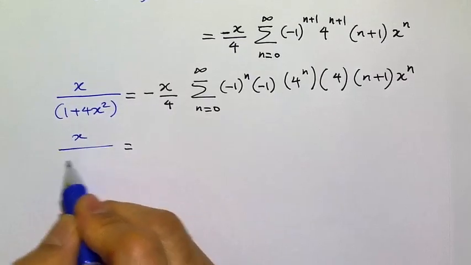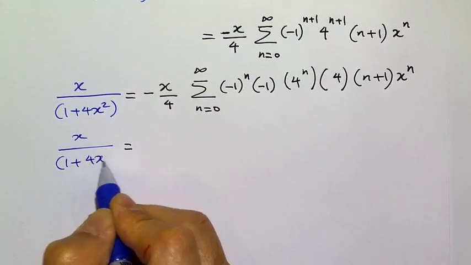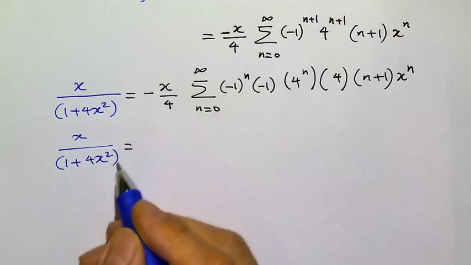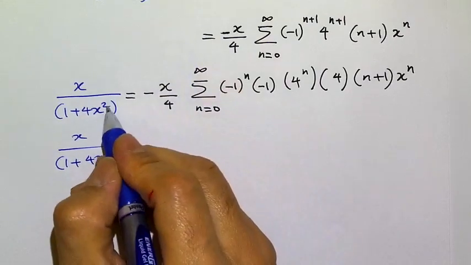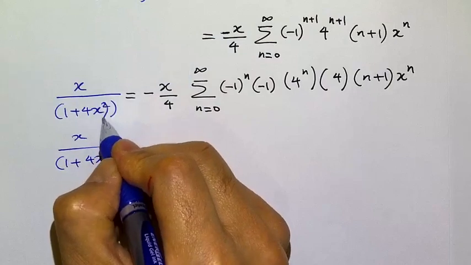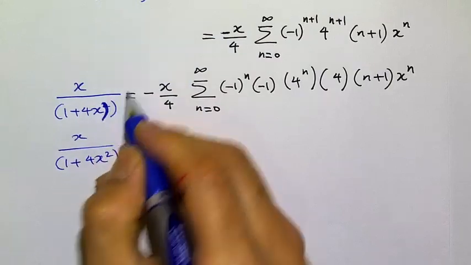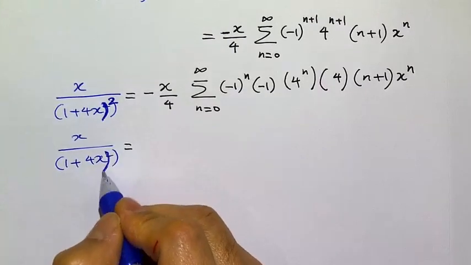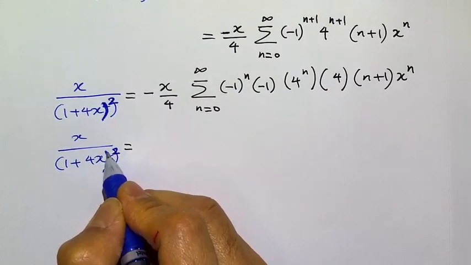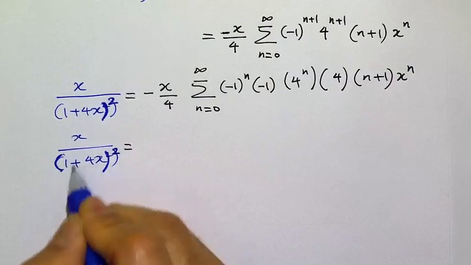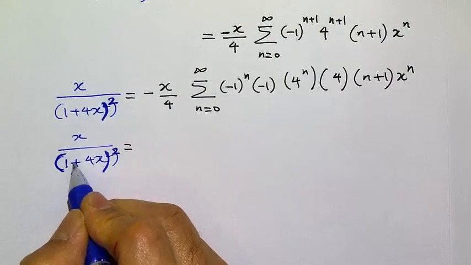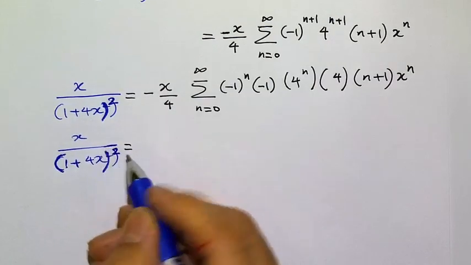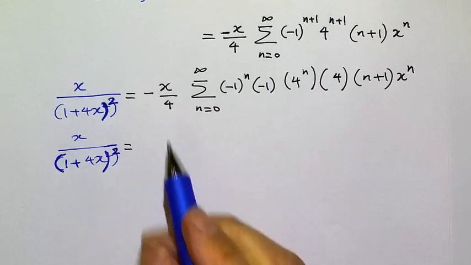Same thing here. Sorry, I don't have a white out here, but this is 1 plus 4x squared. I will fix these notes before posting them on Canvas, and I apologize for this. So this is the whole parentheses, 1 plus 4x squared. Okay, and I will correct this.